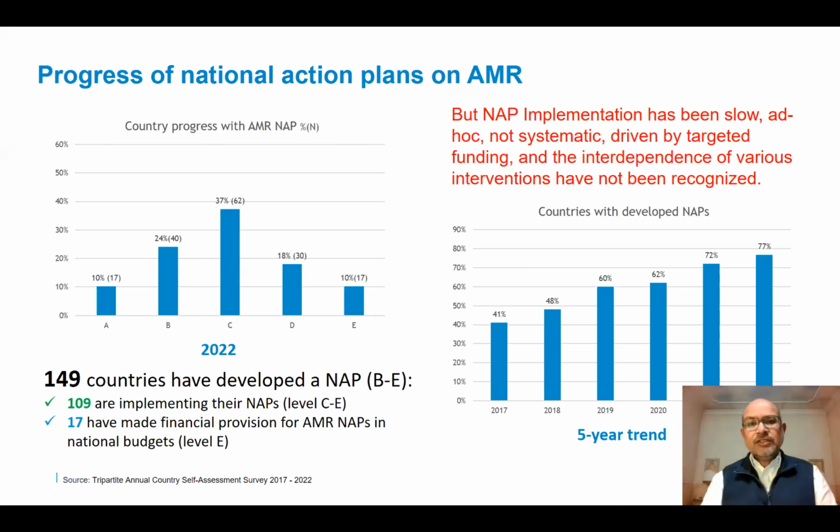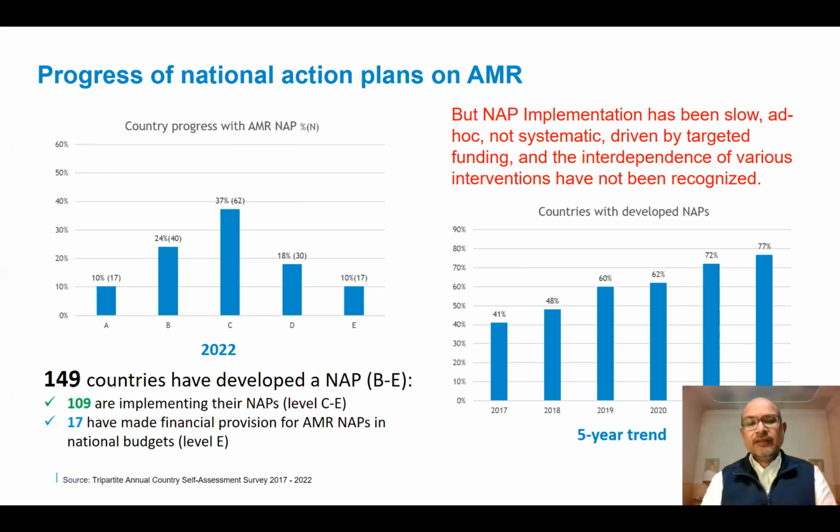The annual surveys, jointly developed by WHO, FAO, the World Organization for Animal Health, and UNEP as a new member, show that in 2022, based on the most recent data, 149 countries had developed national action plans, but only 17% of them are effectively implementing and monitoring their plans, and around 30 of them are implementing at a higher scale.